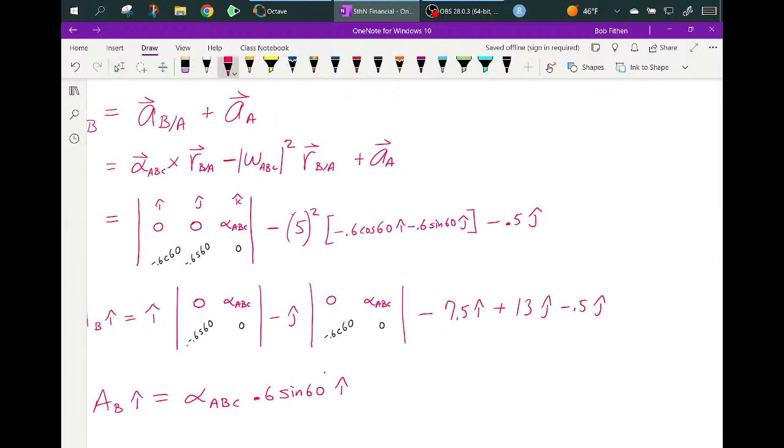A minus is a plus, and another minus on this one, so it's going to be a minus alpha ABC 0.6 cosine of 60 J, minus 7.5 I plus 12.5 J.